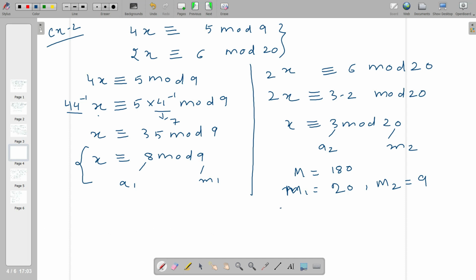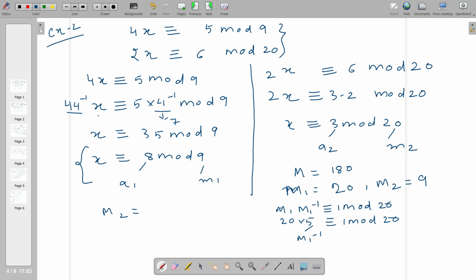So M1 into M1 inverse should be congruent to 1 mod 9. So M1 is 20, so M1 inverse is going to be 5. Similarly, we can find M2 inverse.